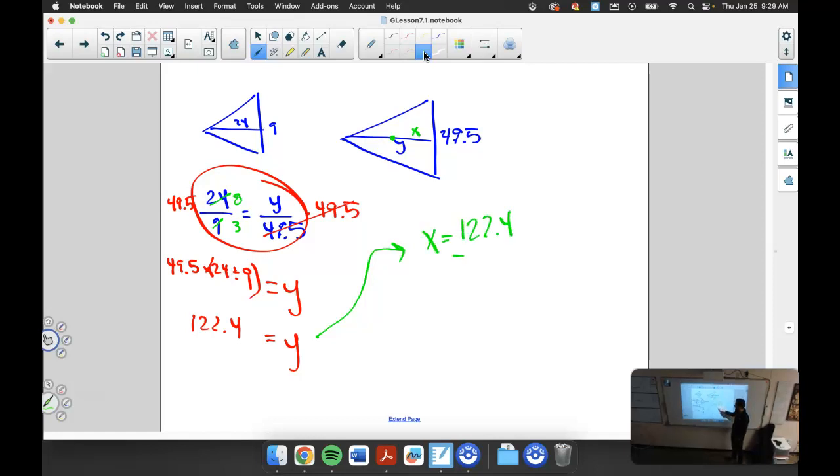122.4 minus, how much was this part? 24. Okay. 98.4. Well, y for me equals 132. Yeah, I think it's 132.